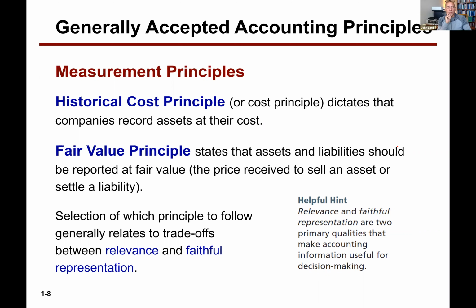Yeah, in other words, companies prepare their financial statements, and they may prepare quarterly statements. So they'll have one at March 31st, June 30th, September 30th. And then all companies prepare year-end statements at December 31st.